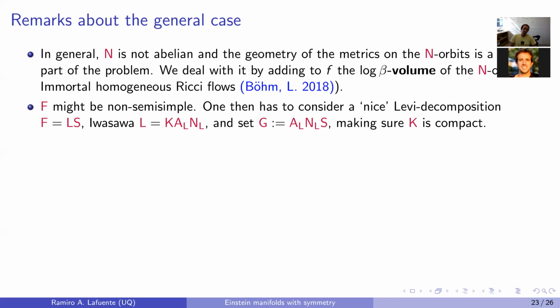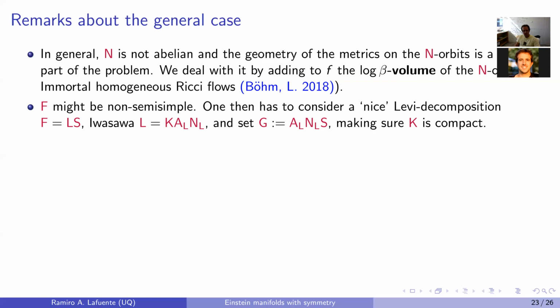Now, another issue is that the group F might be non-semisimple, right? So then what one has to do is to consider a nice Levi decomposition. So any Lie group is a product of a semisimple Lie group and a normal solvable Lie subgroup, right?